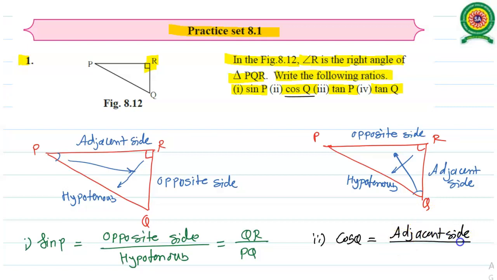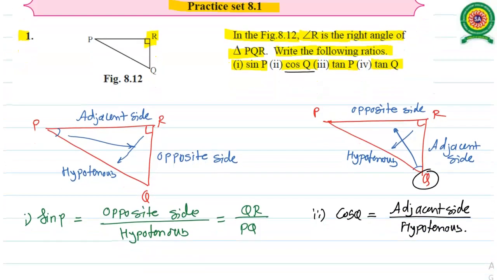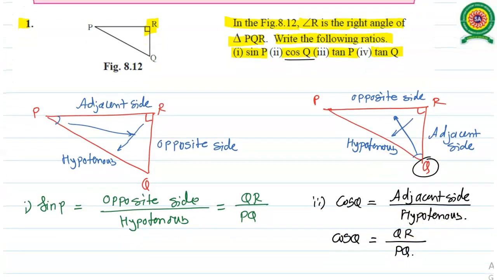Looking at the second triangle, about angle Q, the adjacent side of angle Q is QR. So the value of cos Q is QR divided by the same hypotenuse, that is PQ.